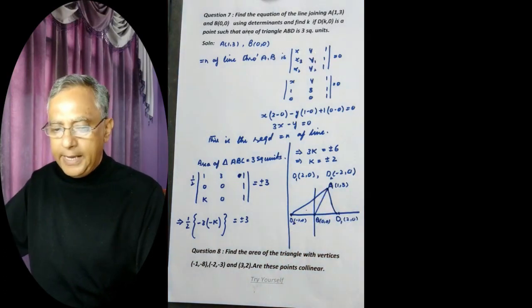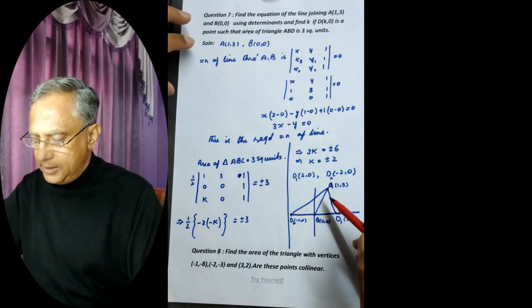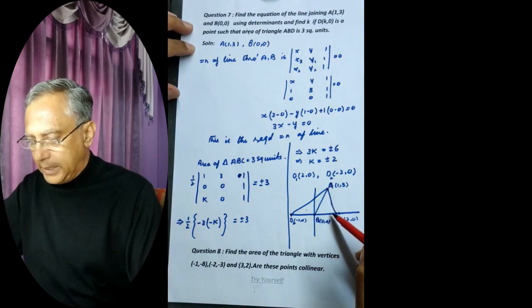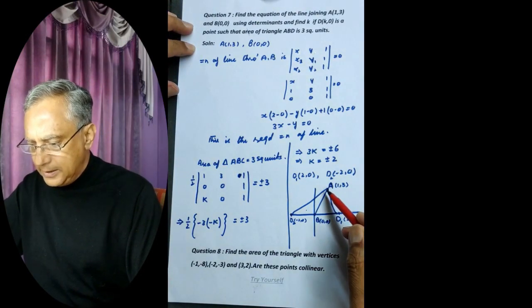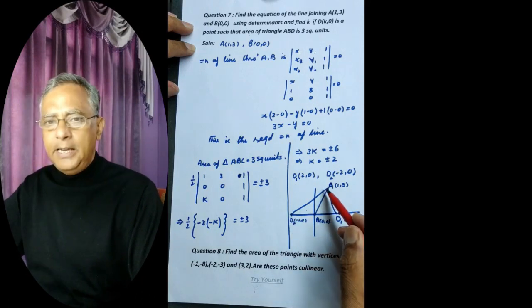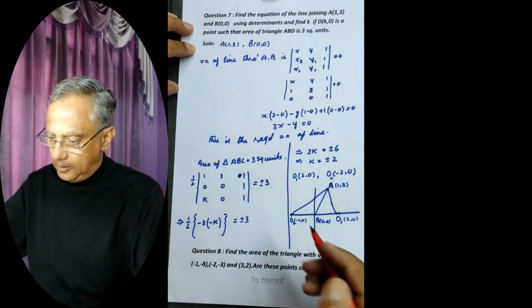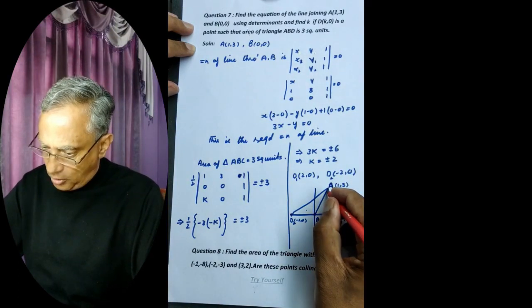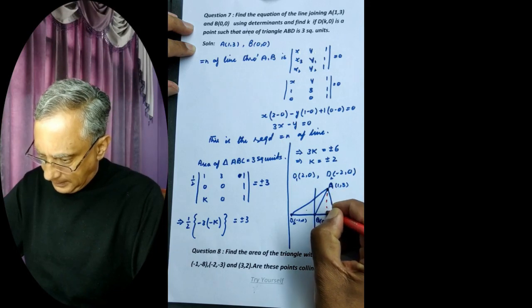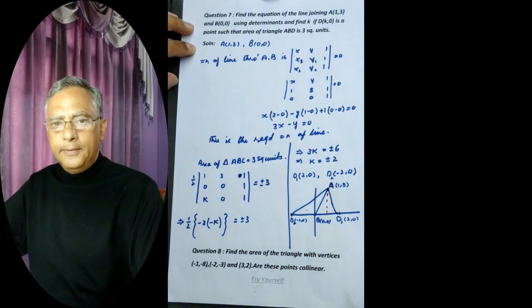Now how is the area of these two triangles equal? Now I will show that area of this triangle and this triangle is 3 square units. Now let us draw a perpendicular from this vertex. This is the perpendicular.